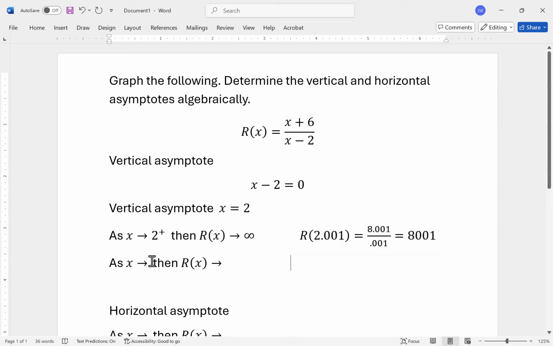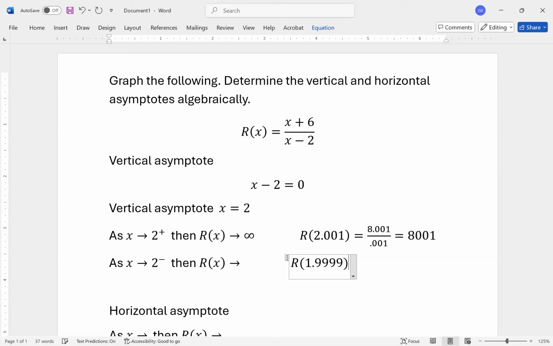I will do the same thing for x going to 2 from below. By the way, this is not the only way you can do this, but this is one of my favorite ways, one of the easiest ways, I think. And what I would do from going towards 2 from below is I'd plug in something that's really close to 2.